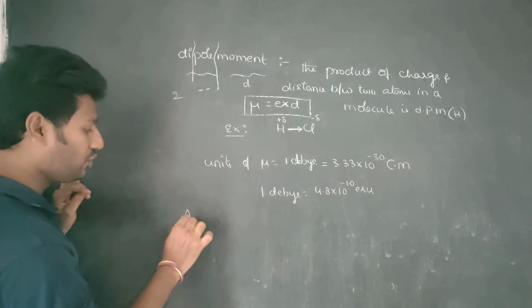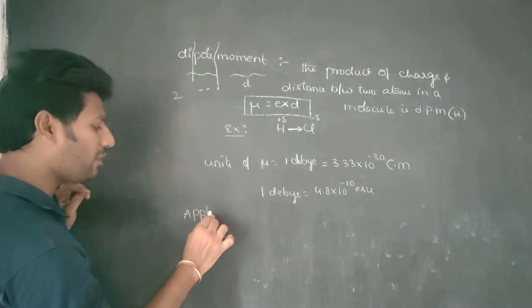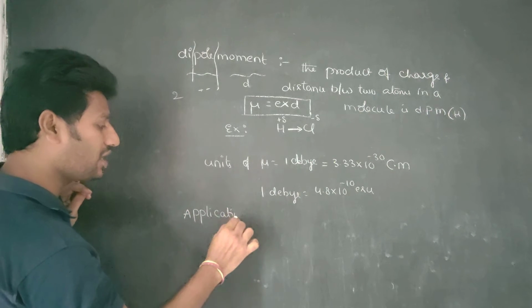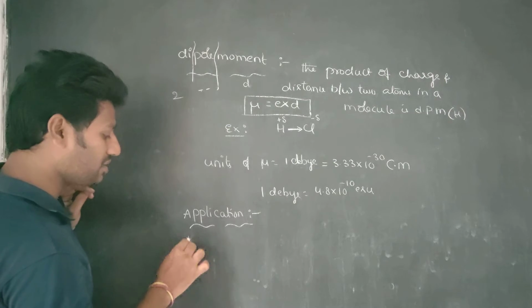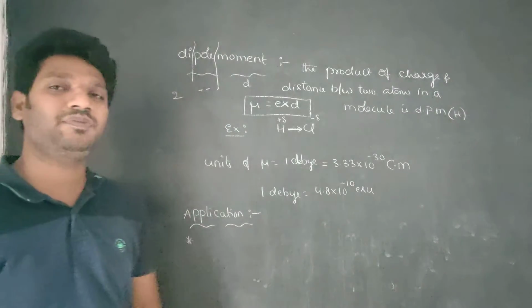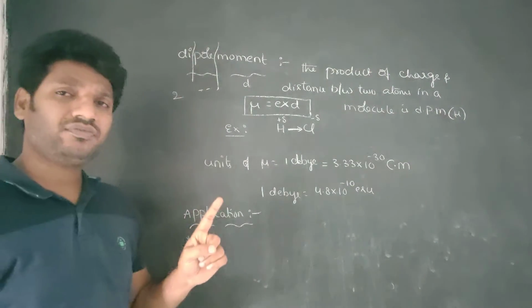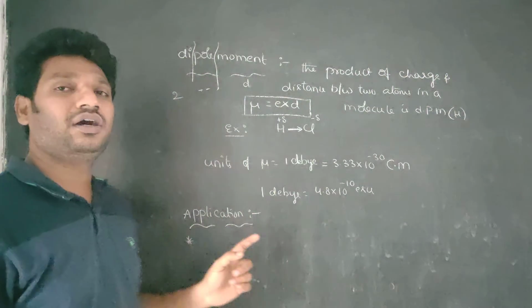Next one, how to go to applications. There are a lot of applications. We have to explain them step by step. Simply, for exams, the applications of the dipole moment.